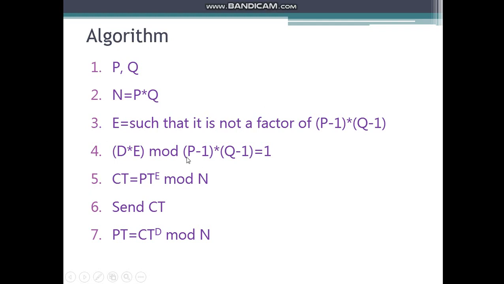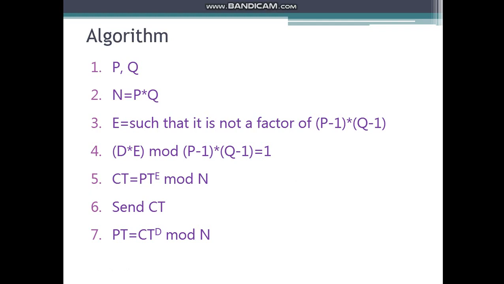Then, having the value of E, we can easily find the value of D such that D into E mod (P minus 1) into (Q minus 1), the totient function, equals 1. So we select D such that the left-hand side of this equation will be 1, meaning 1 equal to 1.